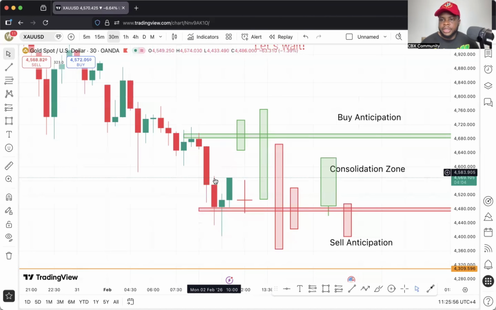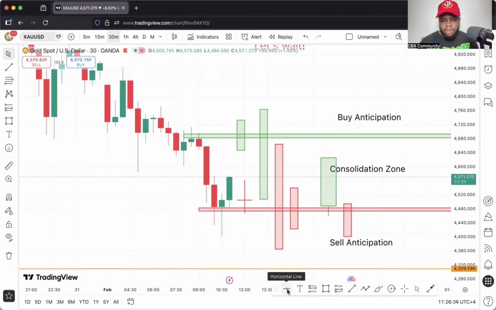The candle is about to break the high of this bearish candle over here. Let's see. It's about to break the high, and the candle is left with 3 minutes. The candle hasn't broken the high, but if the candle should move now, it will break the high of this bearish candle.